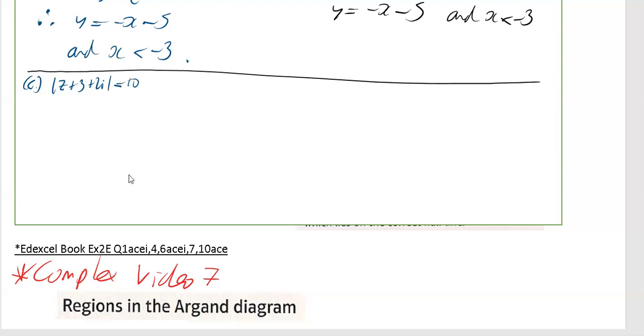And again, I'm just going to rewrite that as modulus of z minus minus 3 minus 2i is equal to 10. And that is a circle, center minus 3, minus 2, and my radius is equal to 10. So I'm just going to draw that out for us now and see what we've got.